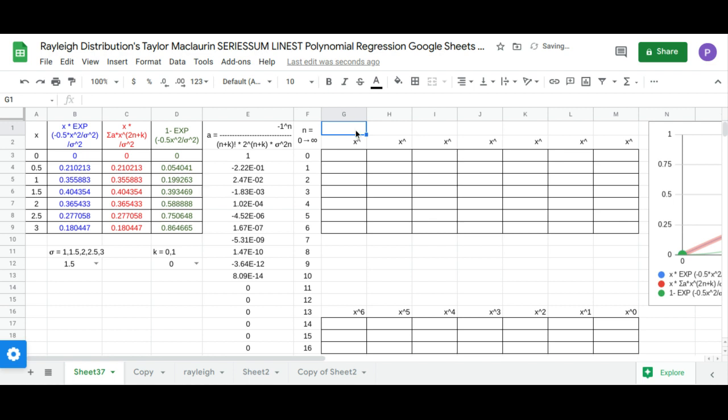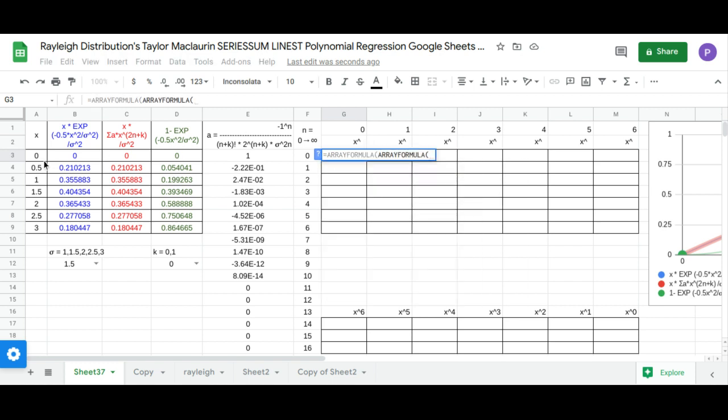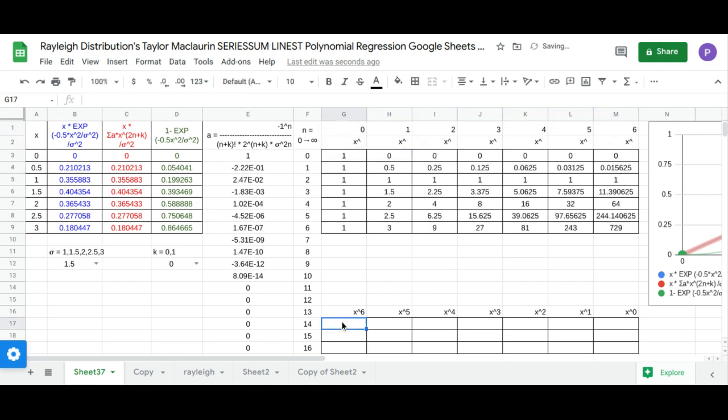Starting with the power, which is transpose 0 to 6. And the elements of the matrix, which is equal to array formula of the x values raised to the power 0 to 6. And we calculate Linest. So Linest data y and data x.